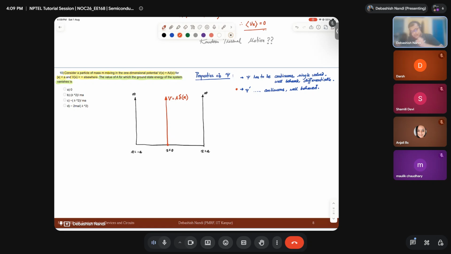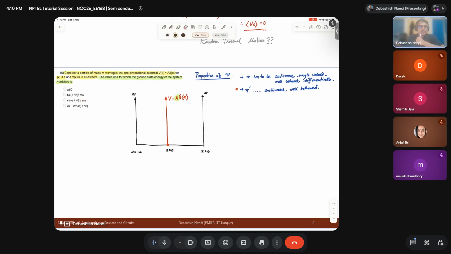That means it has value only at x equal to 0, because the delta function is not shifted by any space location, right? Now, first we need to solve the Schrodinger equation to find out the wave function, and from that find out this value of A. And what is this value of A? A is the strength of this delta potential that is sitting at a particular location.